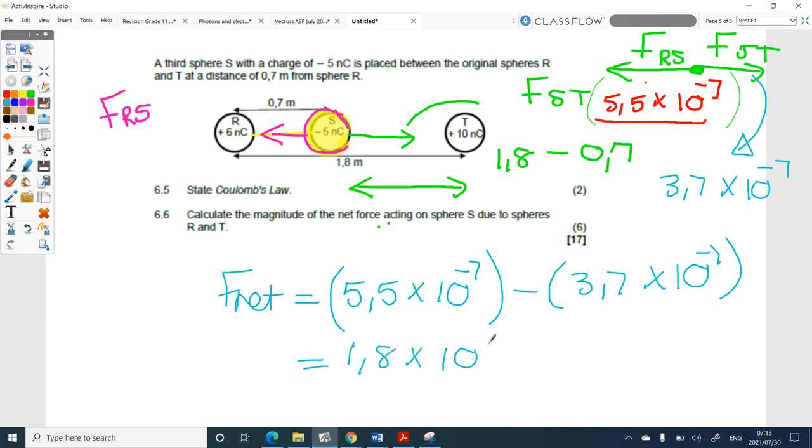Same. 1.8 times 10 to the minus 7. And it's a force, so it's newtons. And because the question said magnitude, I don't have to put a direction. But if the question didn't say magnitude and they just said net force, then you would have to put a direction. What would the direction be? Which direction is winning? To the left.